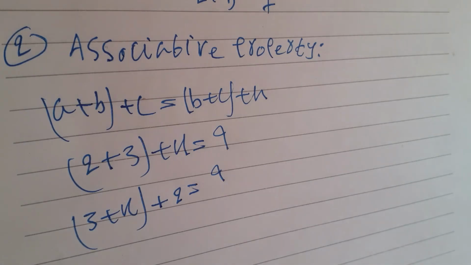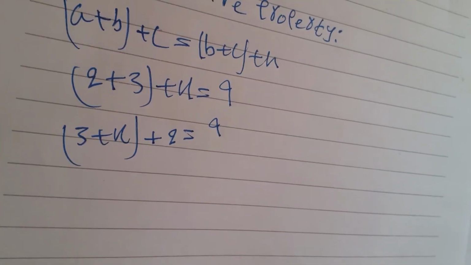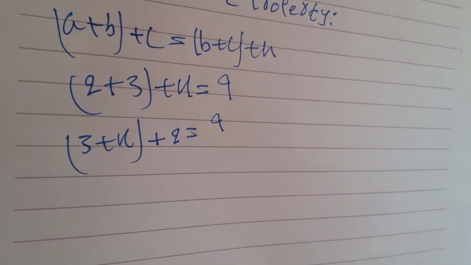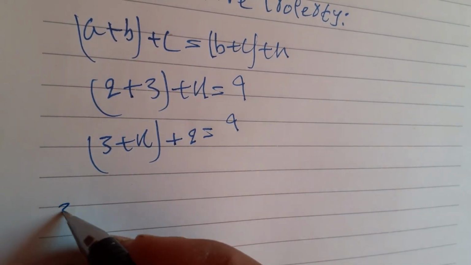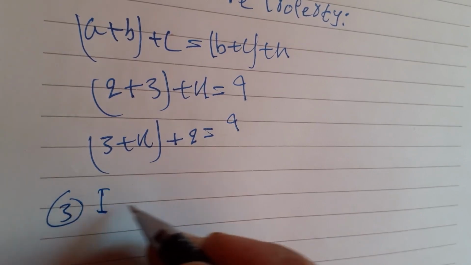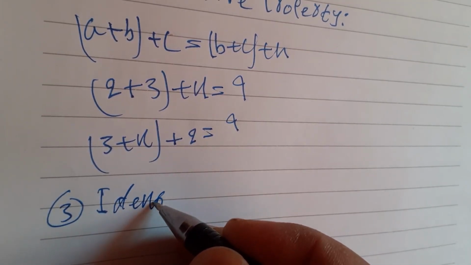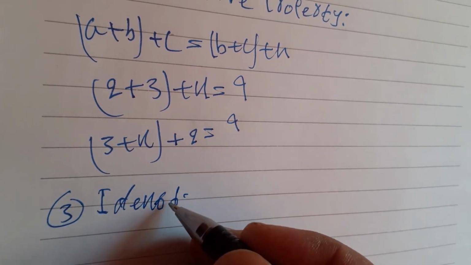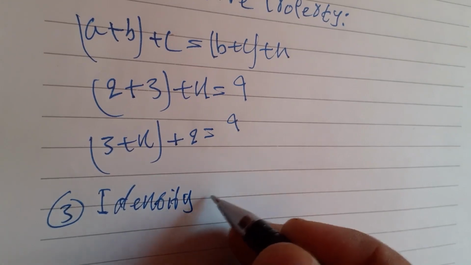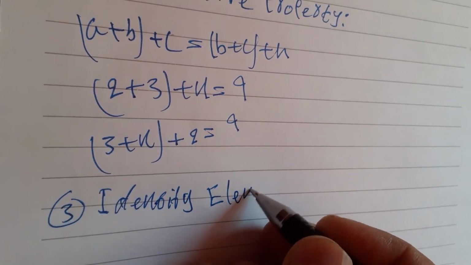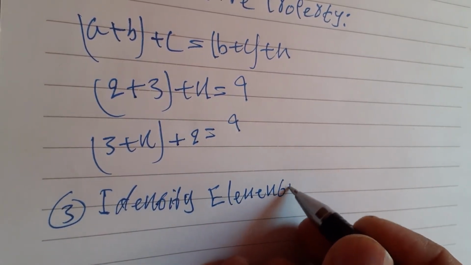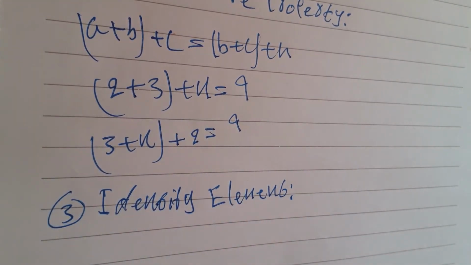Number 3, identity element. The identity element of addition is 0.